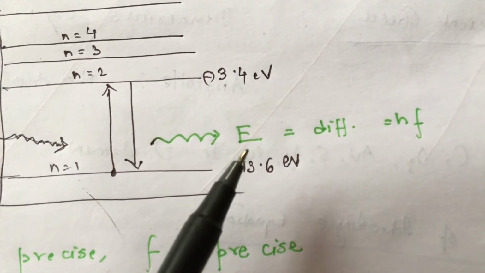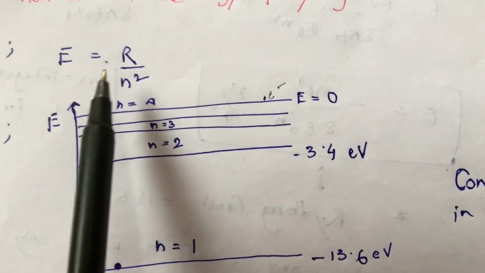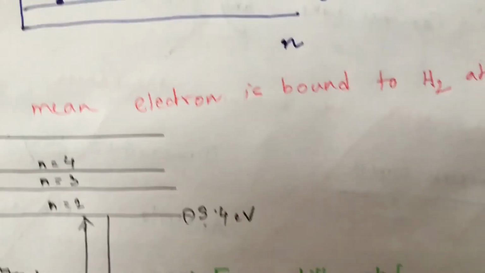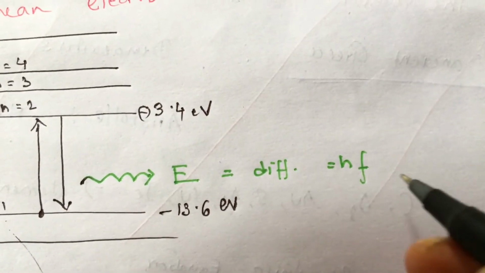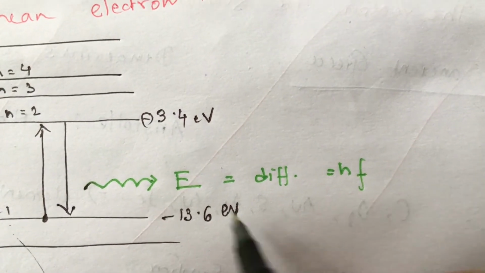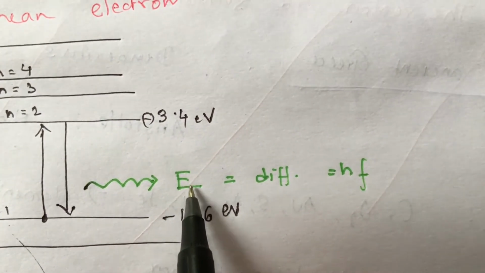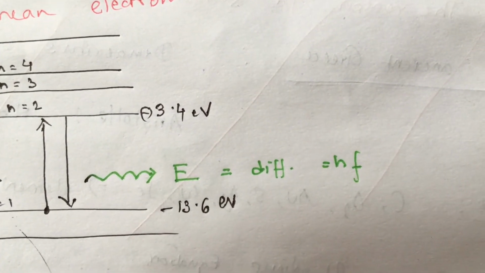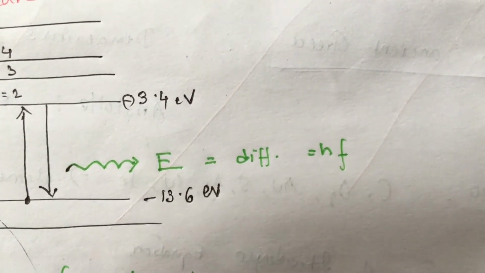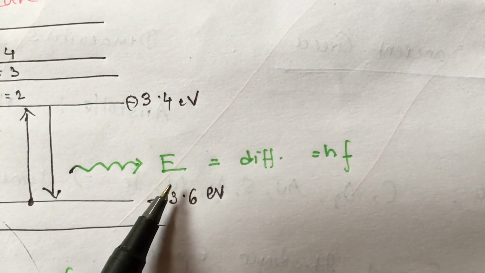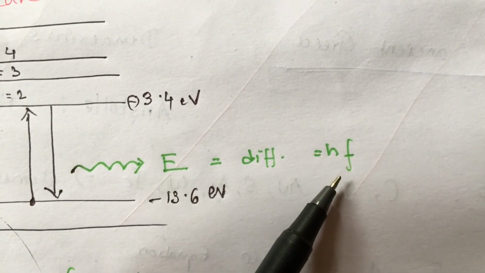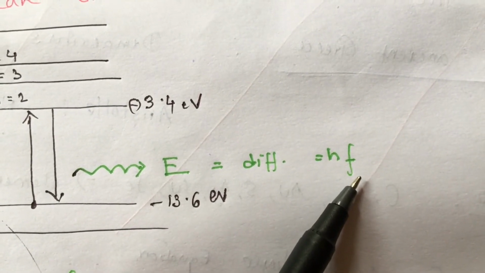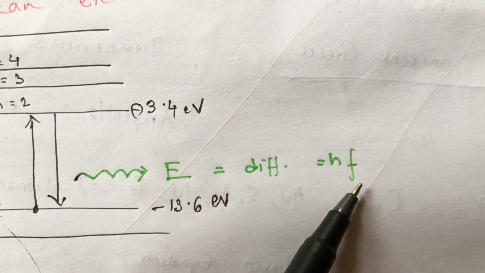As we know, E is quantized because of this relation, so there is a restriction on the energy value E. And we know that energy E equals h times f, where f is the frequency. So as E is constrained to have certain amounts of energy only, f is constrained to have certain values only. If E can take a particular value, f has to take a particular value. So its frequency is also constrained.